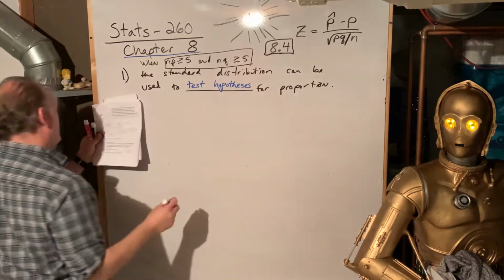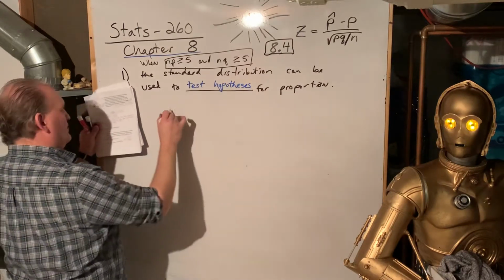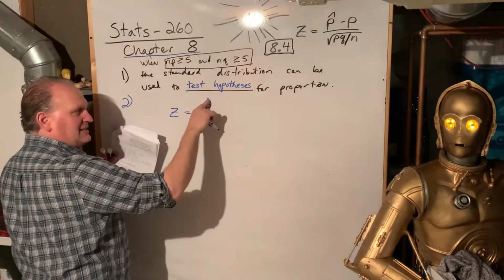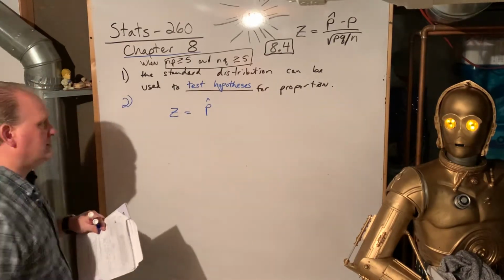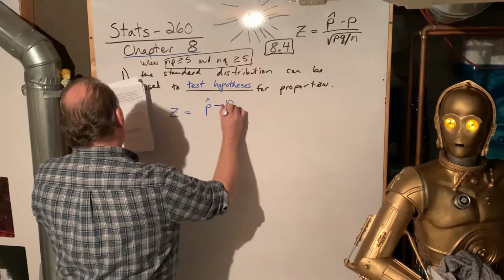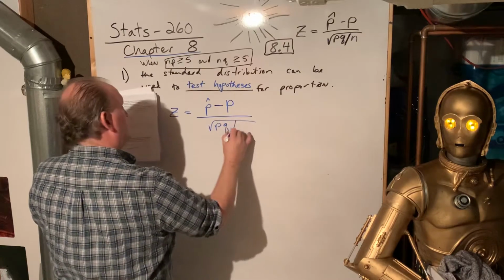And then it asks, what's the formula? So let's write down the formula. I have it typed out, but this is z equals p hat, that's the little symbol above the p, read p hat, minus p, over the square root of pq over n.